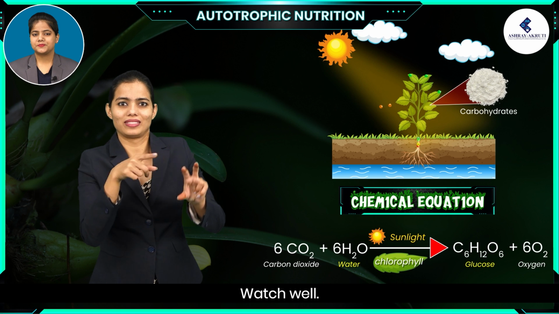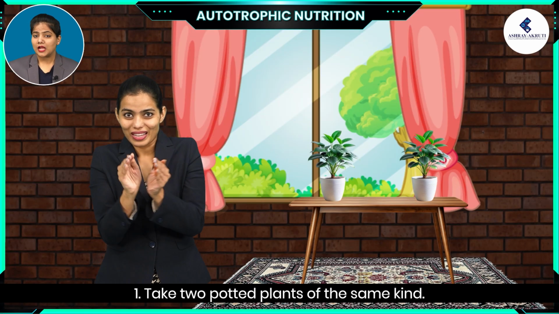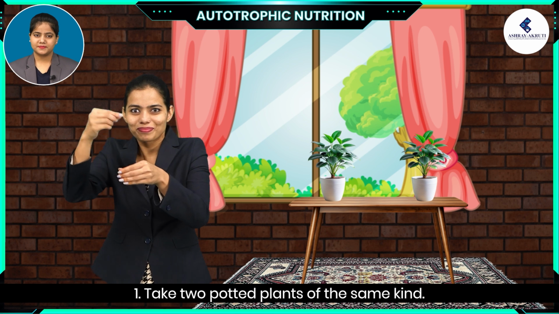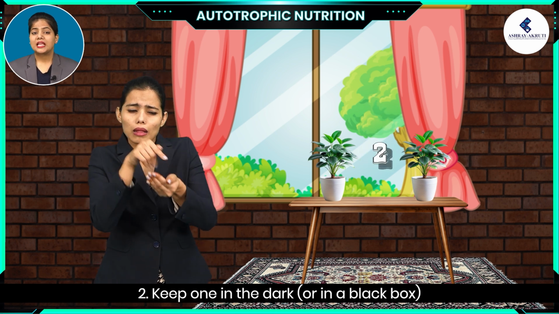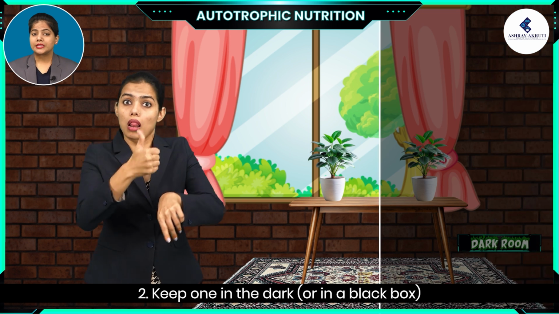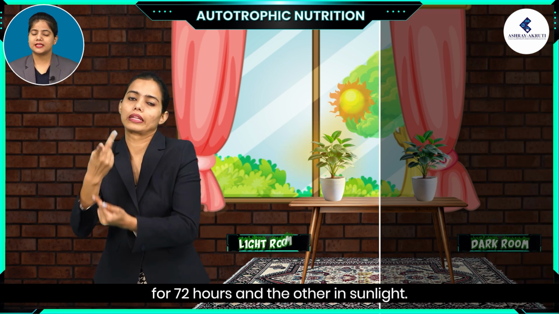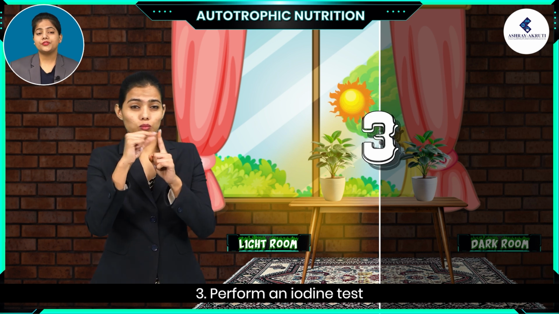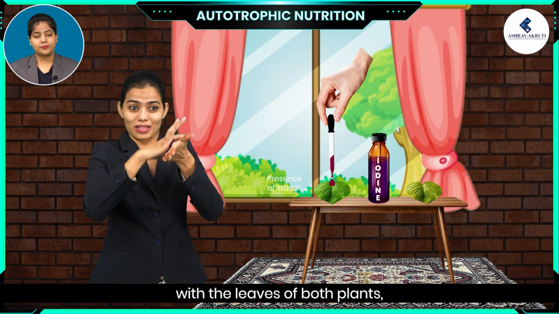Watch well. Number 1. Take 2 potted plants of the same kind. Number 2. Keep one in the dark or in a black box for 72 hours and the other in sunlight. Number 3. Perform an iodine test with the leaves of both plants.